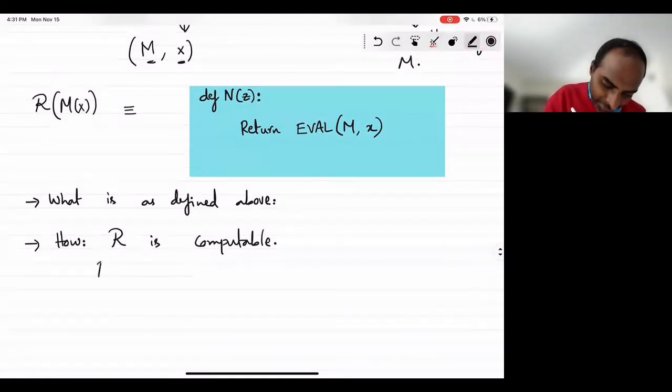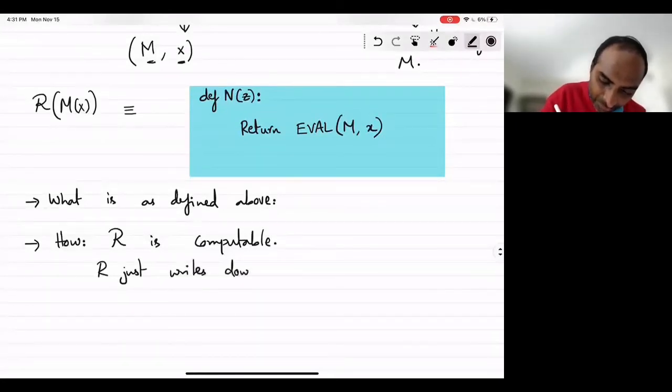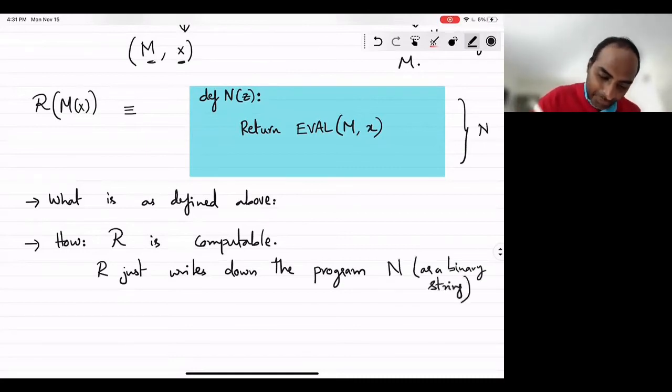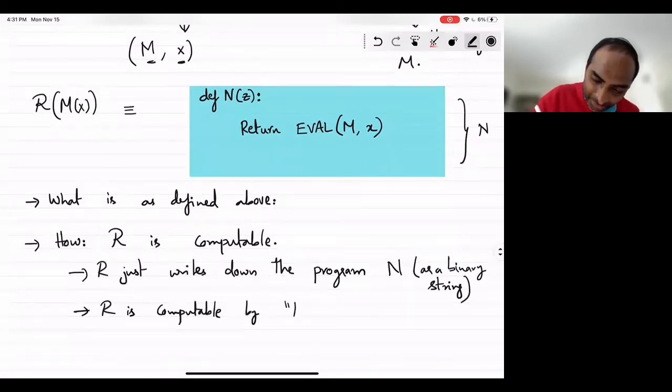Okay, so R just writes down the program as a binary string. And R is computable by our cake principle.